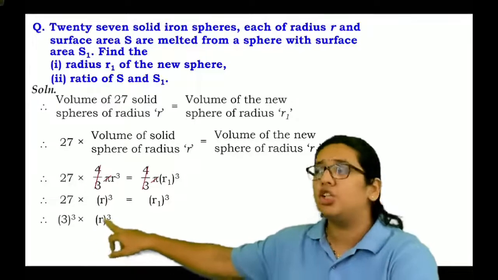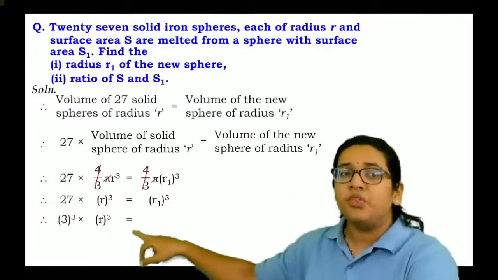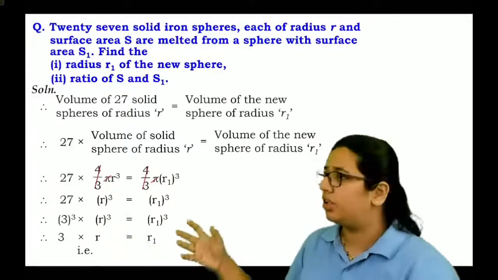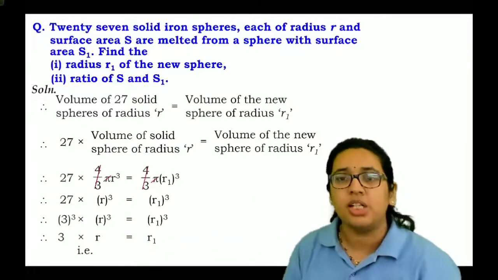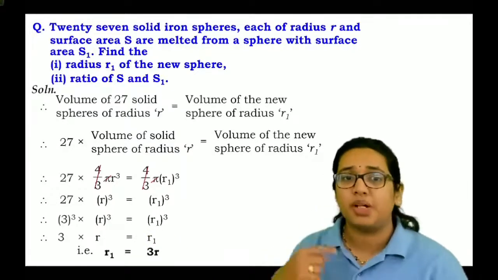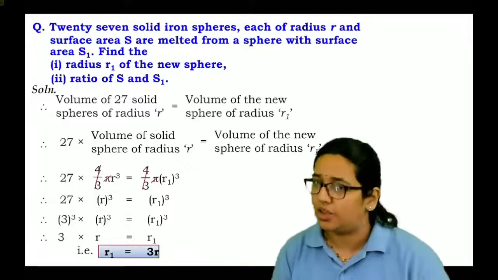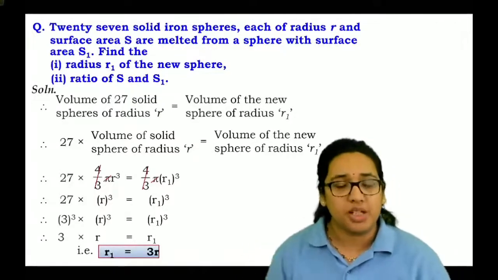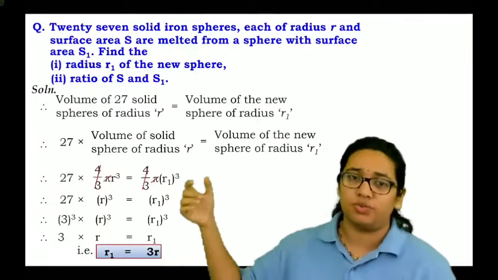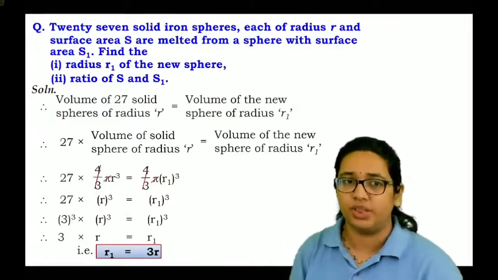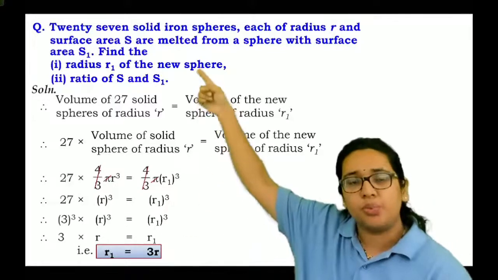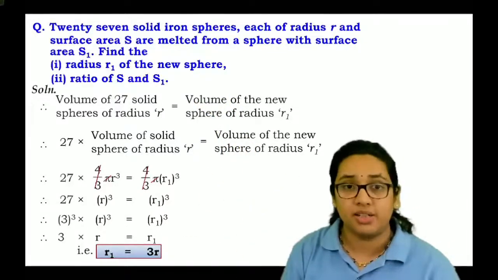So 3 cube into r cube, we can write it as 3 times r bracket cube, or considering cube root on both sides, you will get r1 as 3r. It means that जो भी आपका new sphere रहेगा, its radius will be 3 times of the original. So r1 equals 3 times of r. Means first जो आपको find out करना था वो तो हो गया done.